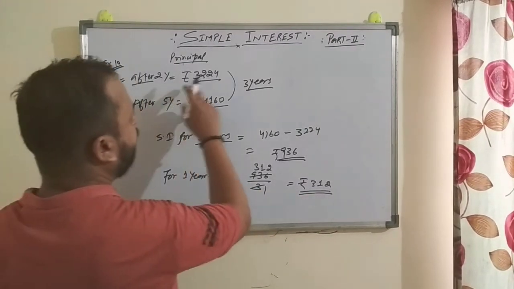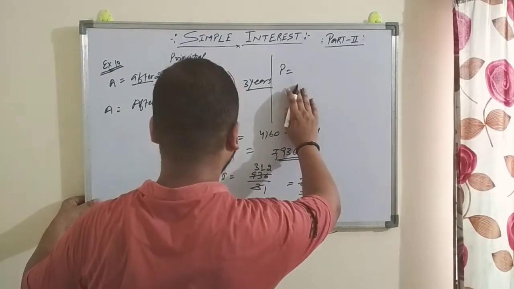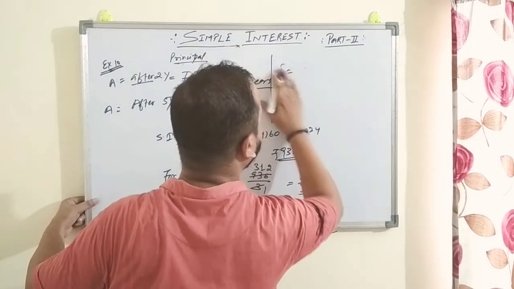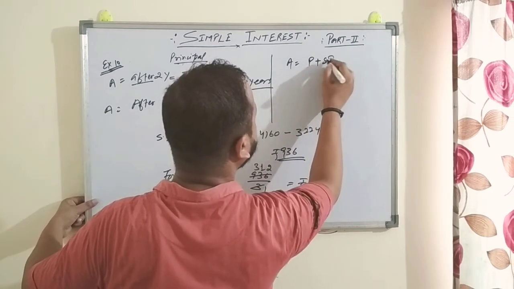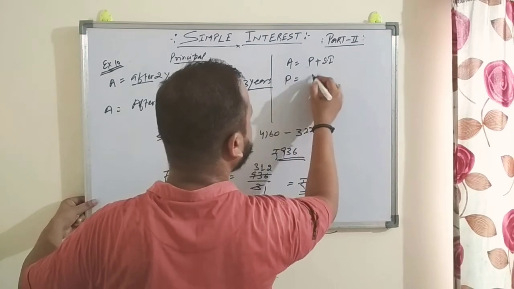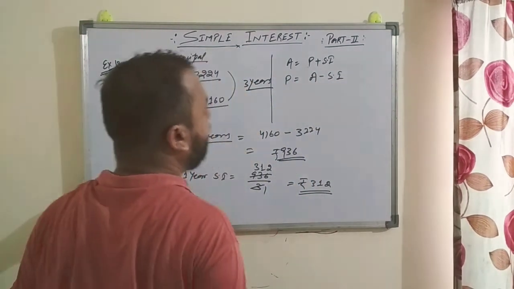Now you can find out the principal. This is amount. We know that amount is P plus SI, right? So if we are talking about principal, the principal is amount minus SI, right?